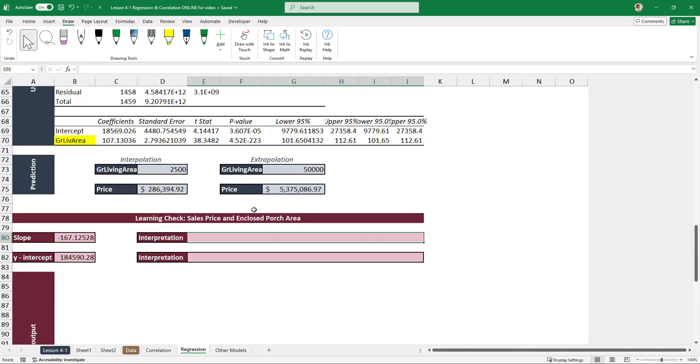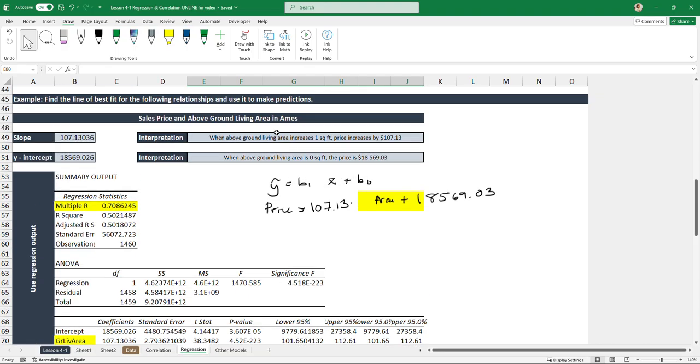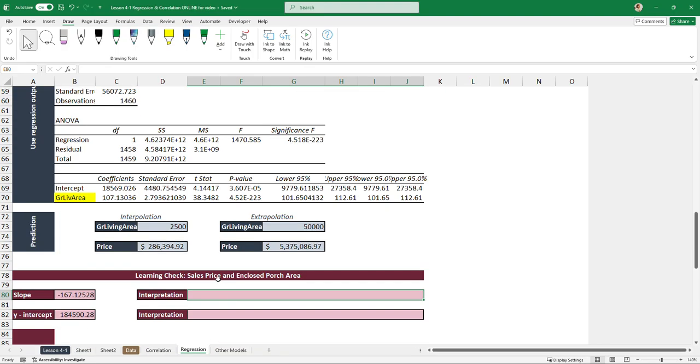So if I want to interpret these values, they're very similar to before. Just instead of saying when above ground living area increases by 1 foot, this one is when porch area increases 1 square foot. The slope is how much the price will change.